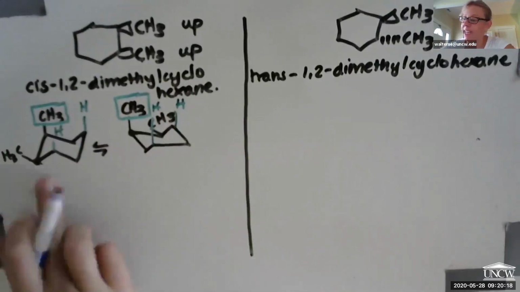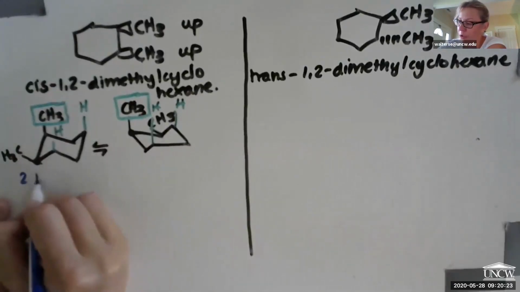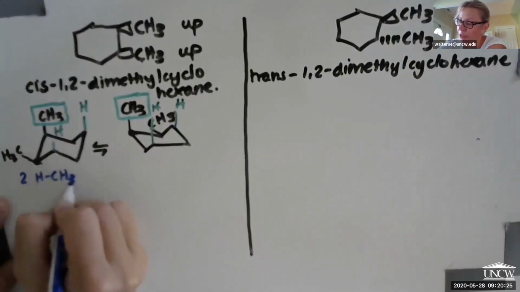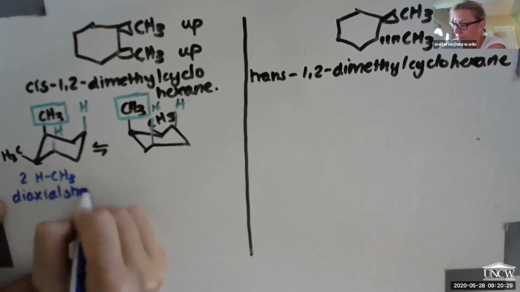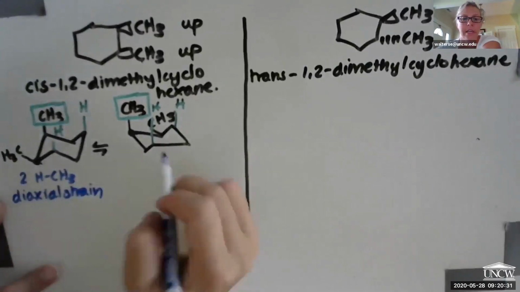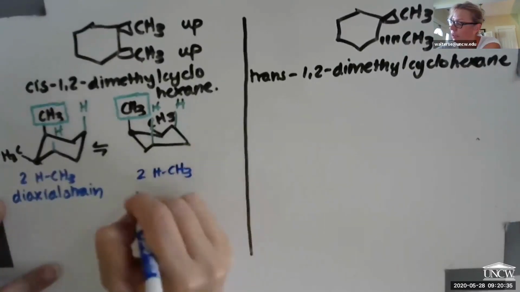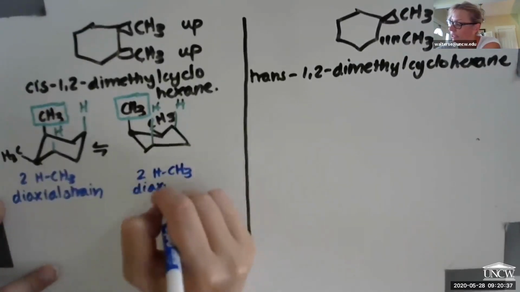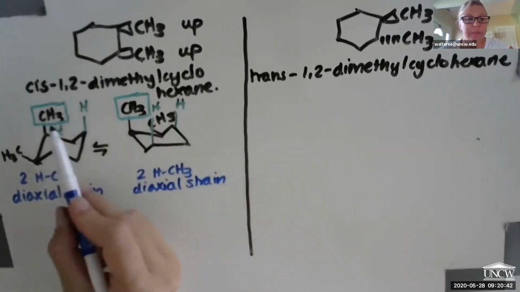So on the left-hand side, you have 2 hydrogen to methyl diaxial steric strains. On the right, you have 2 hydrogen to methyl diaxial steric strains. They're just from different methyls.